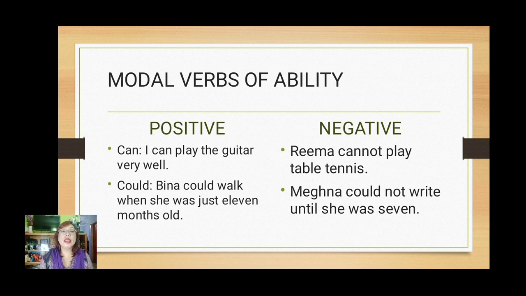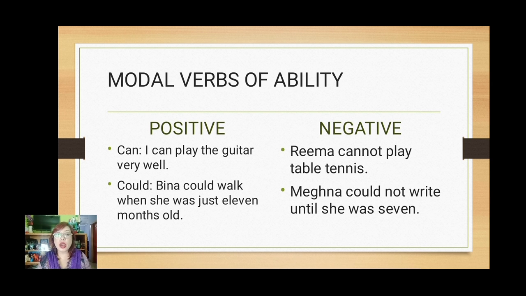Let us see the next modal verb, which is used for the past tense, which we have seen, right? Could. Bina could walk when she was just 11 months old, right? So it is showing what? Something which is positive, but it is relating to the past.